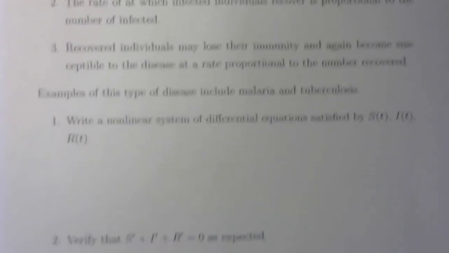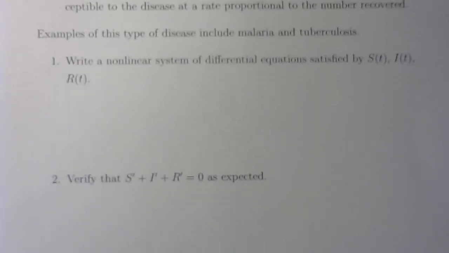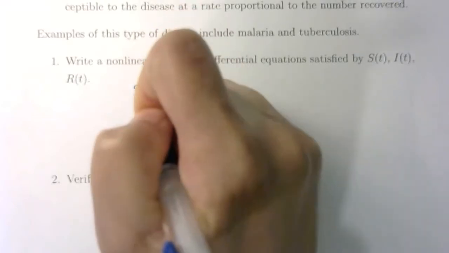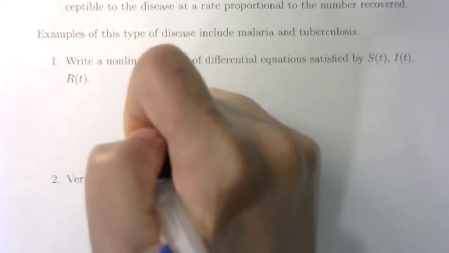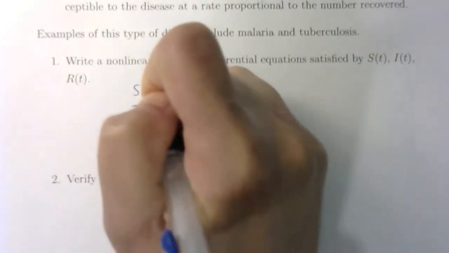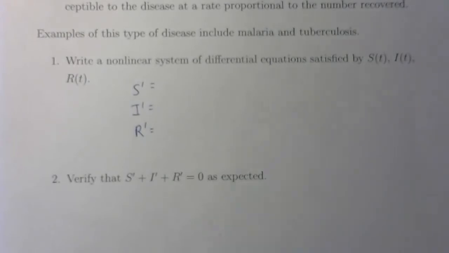So let's write out a system of equations that accounts for these. So we have 3 facts about the rates of change of susceptible, infected, and recovered. And here's how I would try and put this information together. So transmission of the disease, the first point, is proportional to the product of susceptible and infected.